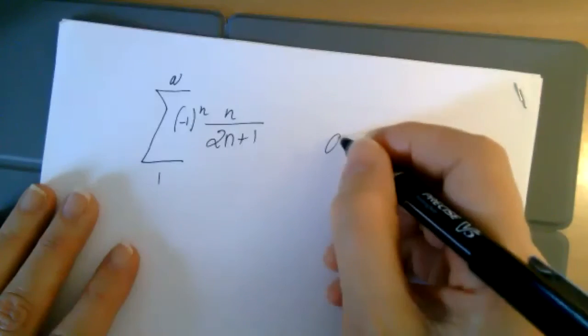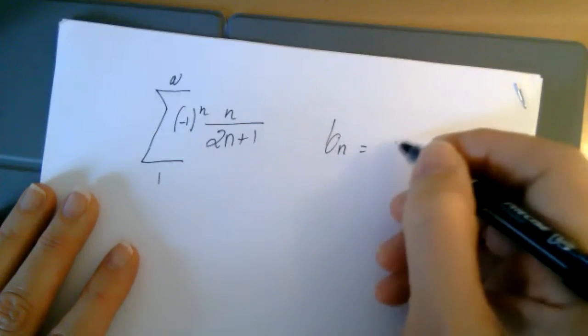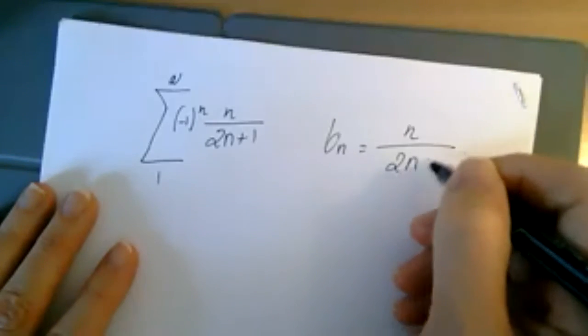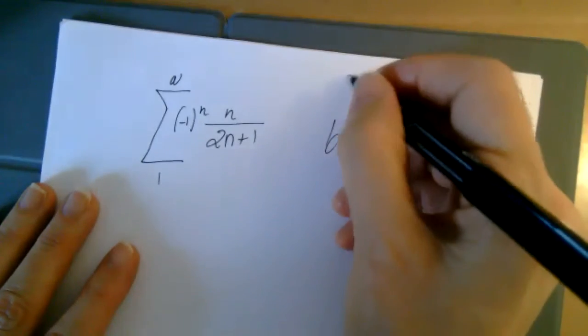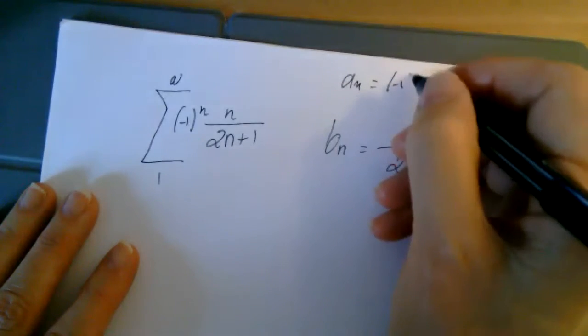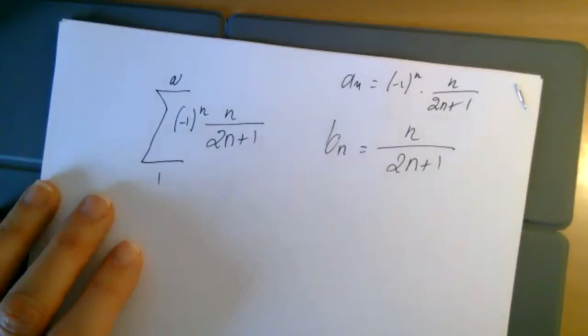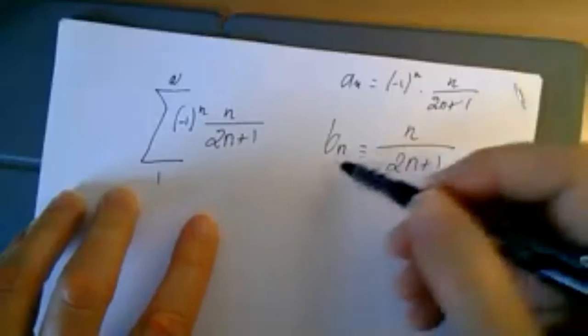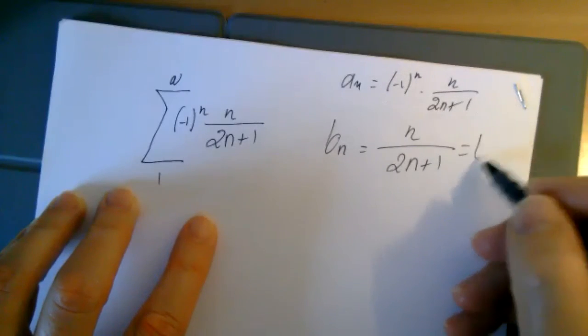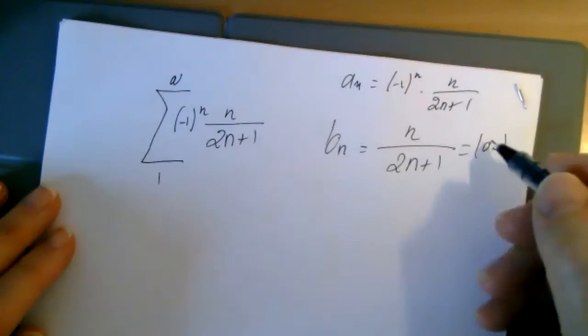So the bn here are n over 2n plus 1, and the an, the terms of the series, are minus 1 to the n over that. bn is basically the absolute value of those terms.